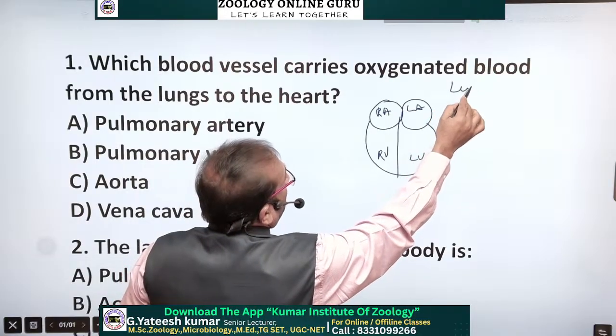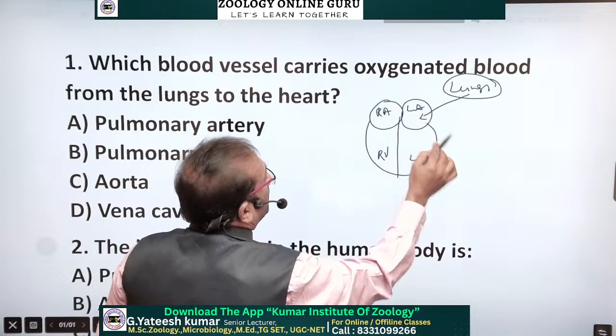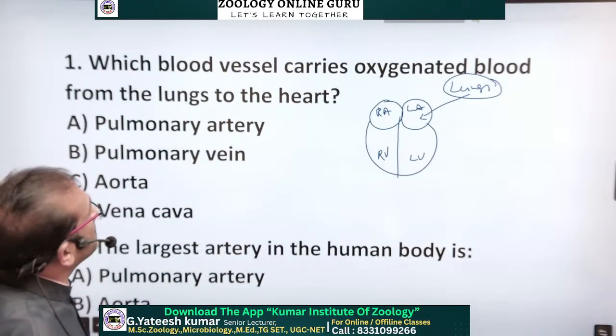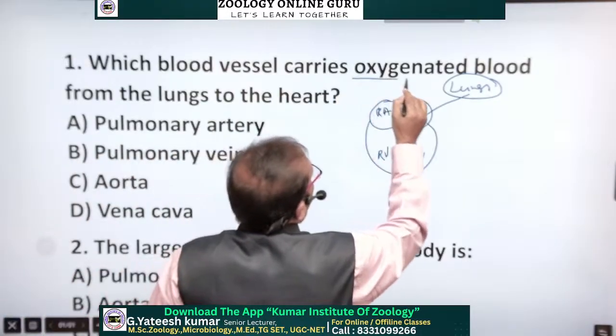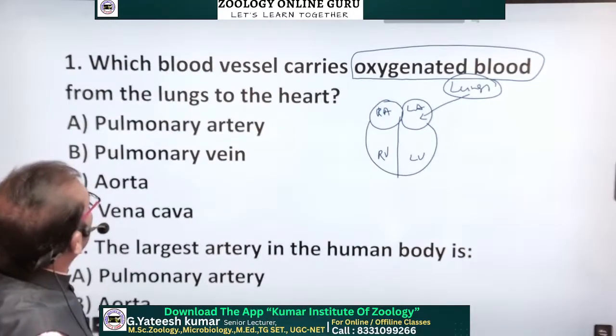From the lungs a blood vessel comes to the left atrium, which brings the pure blood, that is known as oxygenated blood. Oxygenated blood means pure blood. Name the blood vessel.